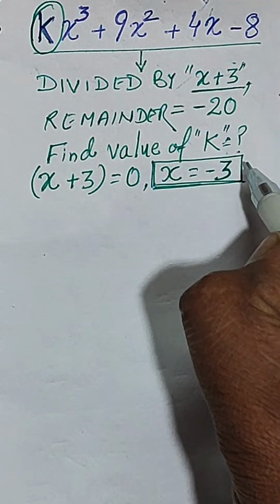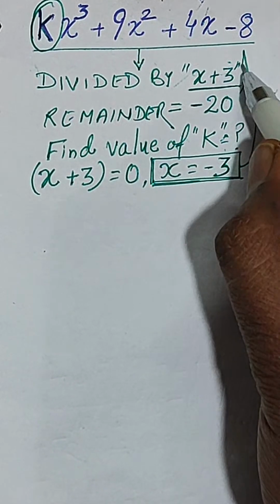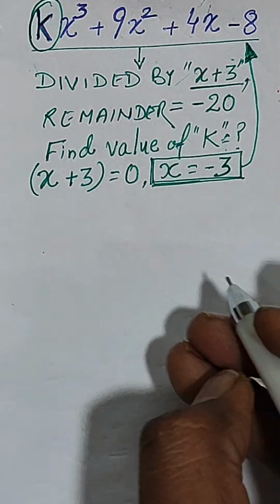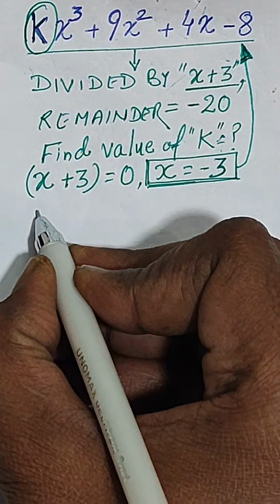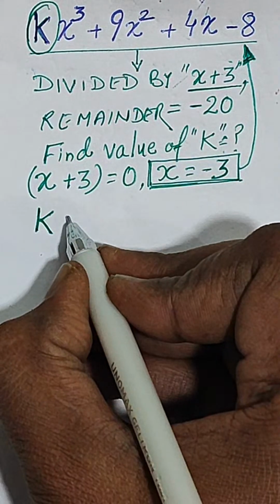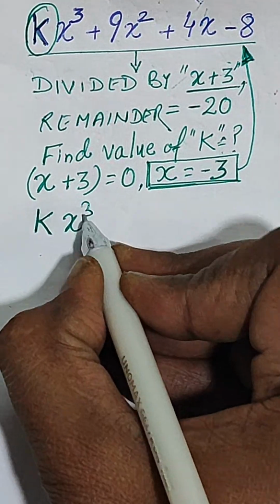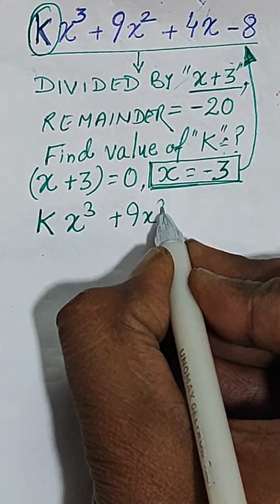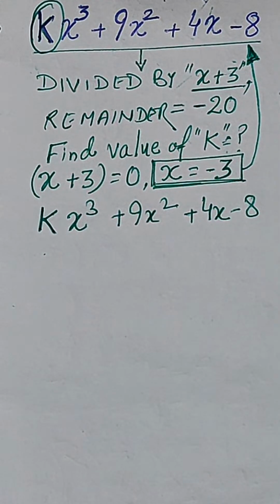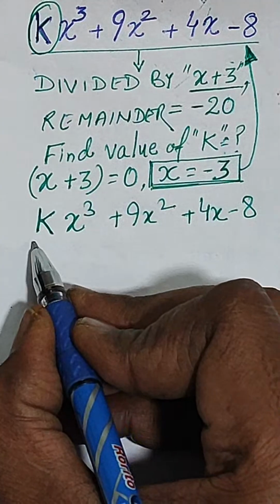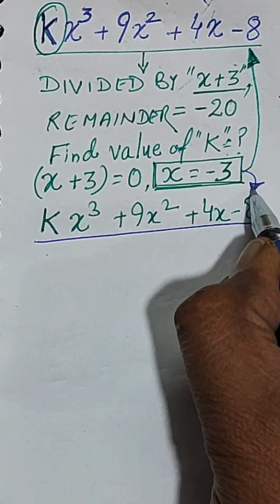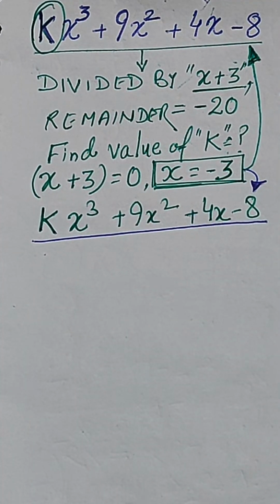Then the above expression will look like k times x cube plus 9x square plus 4x minus 8 was the expression, right? So when you put x equal to minus 3 here, what will happen?